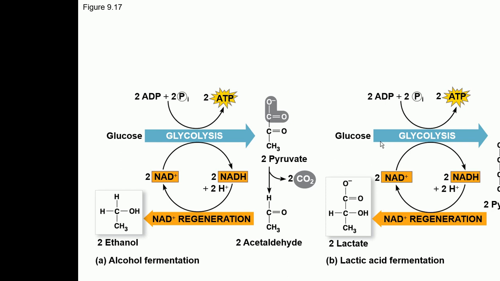It gets reduced and it forms lactate. So NADH gets oxidized to NAD plus. Okay, so this is lactic acid fermentation. In lactic acid fermentation, there is no carbon dioxide produced.